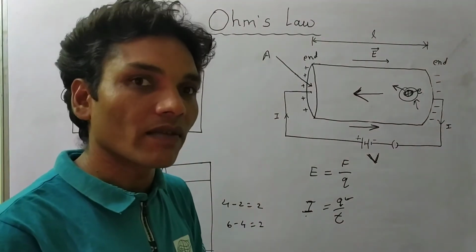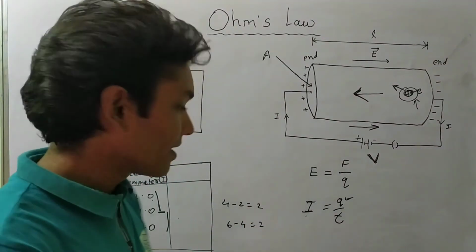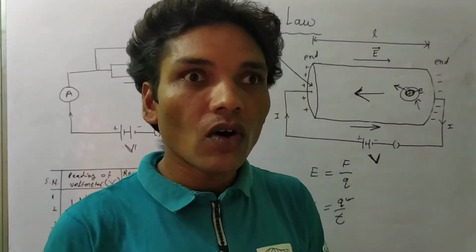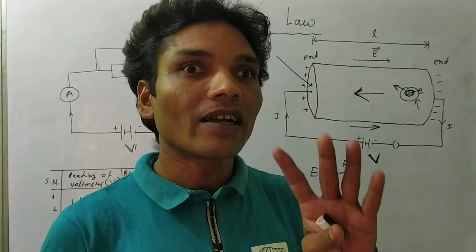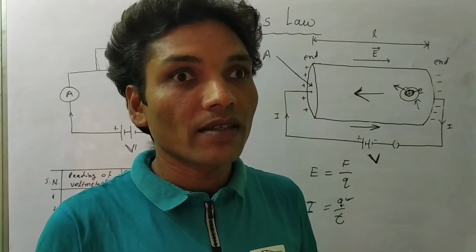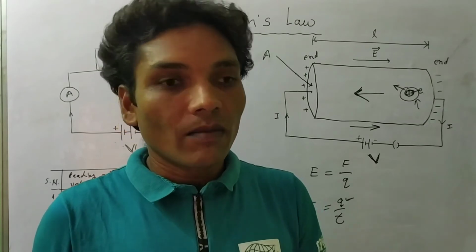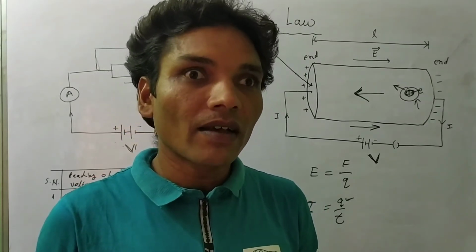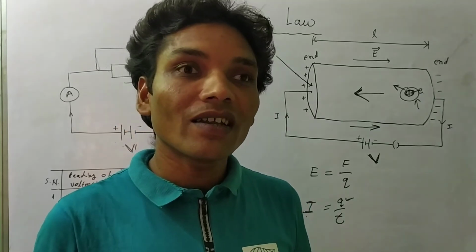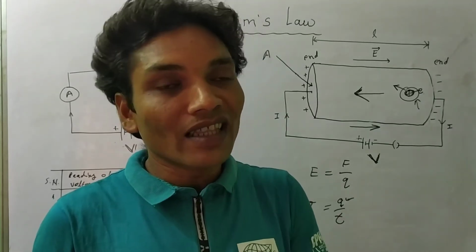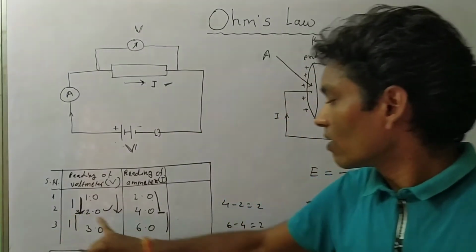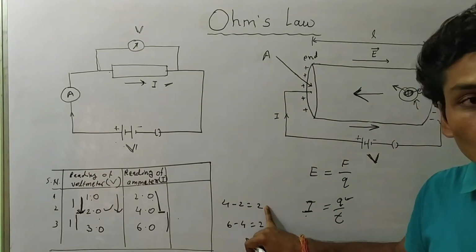In each observation, he saw that potential and current are directly proportional to each other. When the potential difference is increased, the current flowing through the conductor also increases in the same ratio. For 1 volt, the current is 2 ampere.